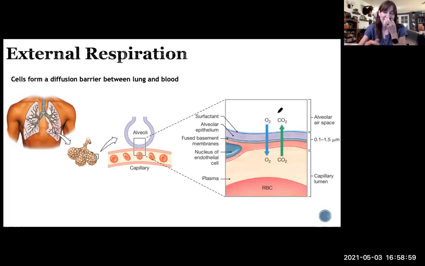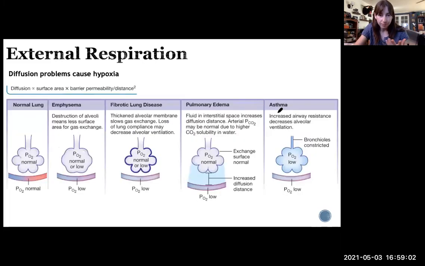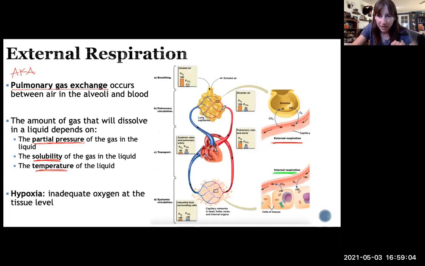This is achieved naturally when the deoxygenated blood from the pulmonary arteries reaches the capillary bed inside of your lungs. The partial pressure of oxygen inside of this blood is low, right? It's deoxygenated blood. So that concentration of oxygen is low there, but it's high in the alveoli. Oxygen travels into the blood. As it travels through the capillary bed, the blood becomes more highly oxygenated.